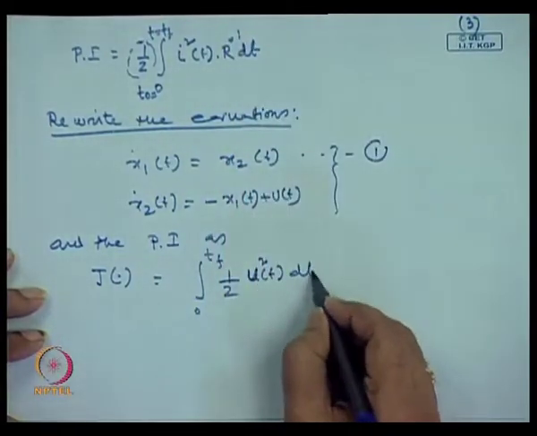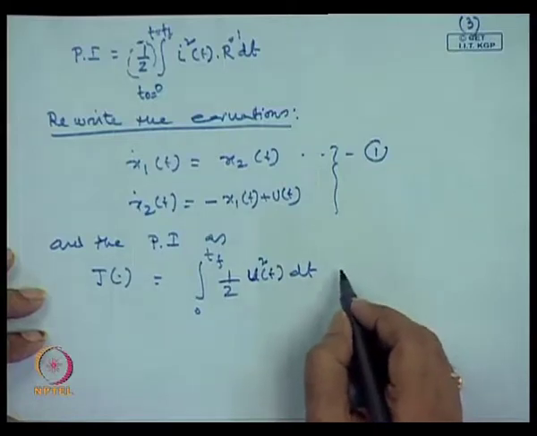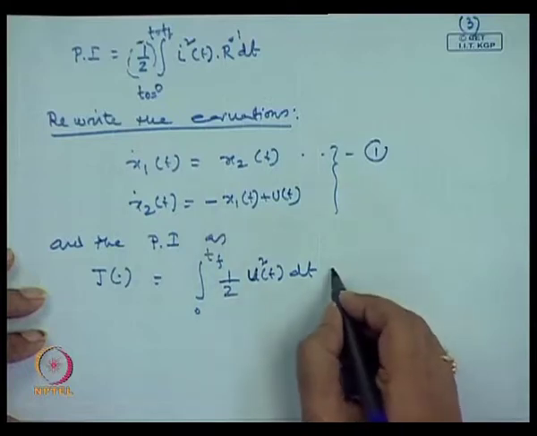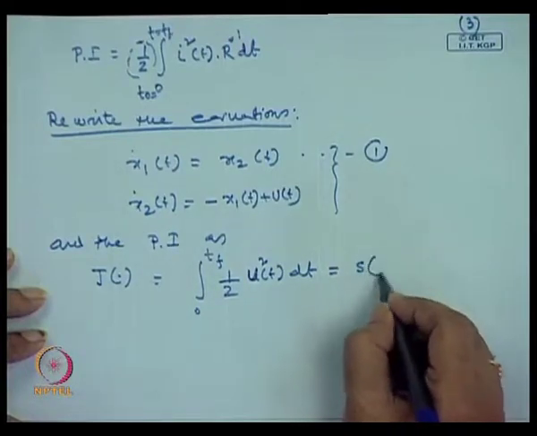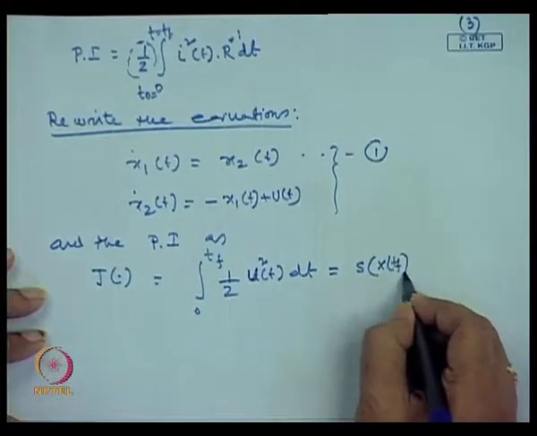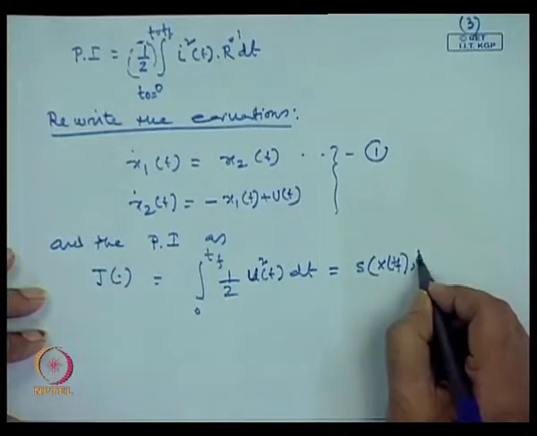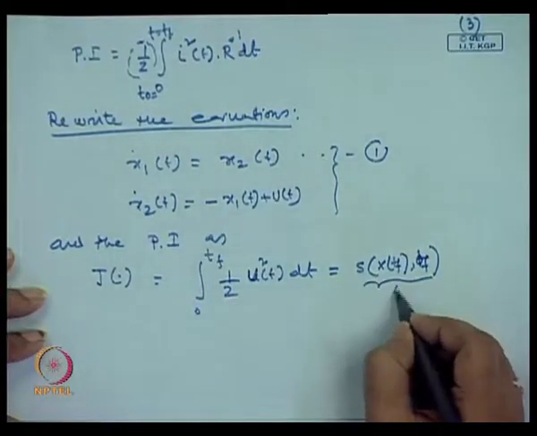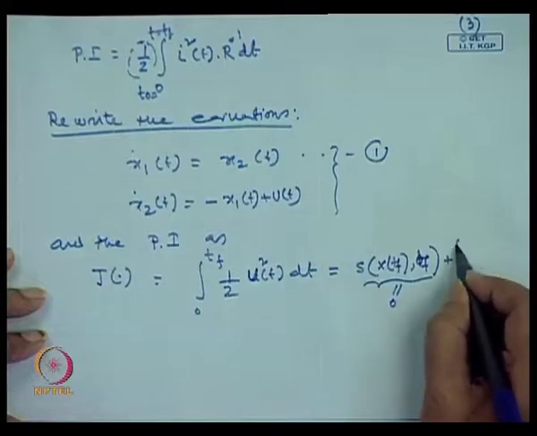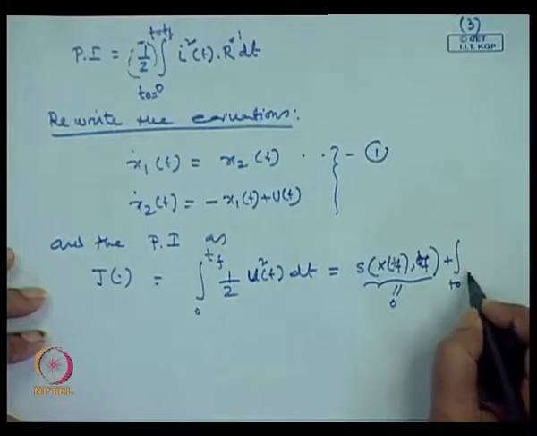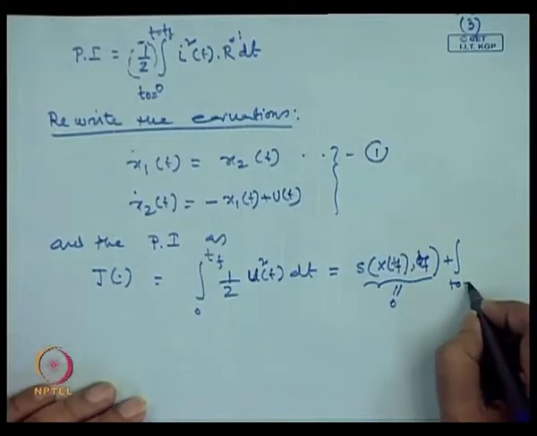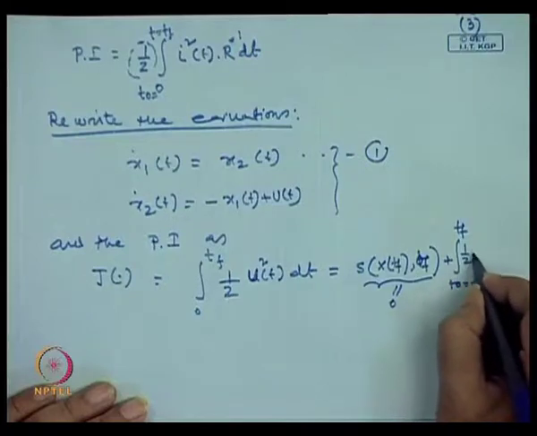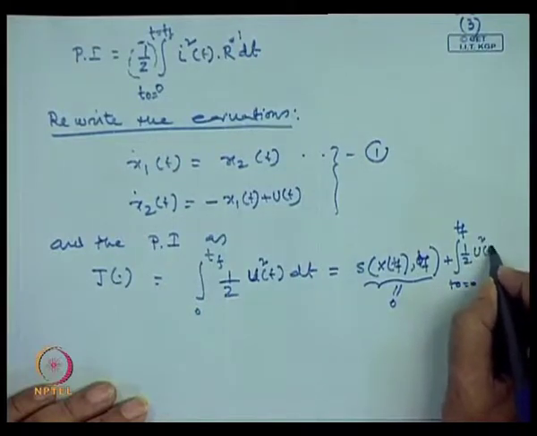So it can be written as x of Tf, the terminal part, and at Tf there is no boundary condition, so practically this part is 0, plus the integral from T0 to Tf, where T0 is 0, of half u square dt.